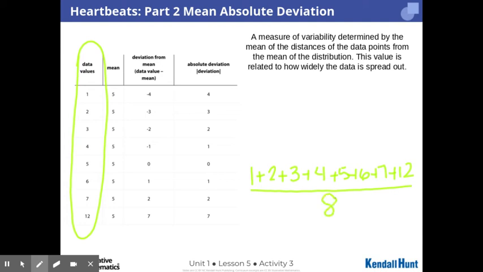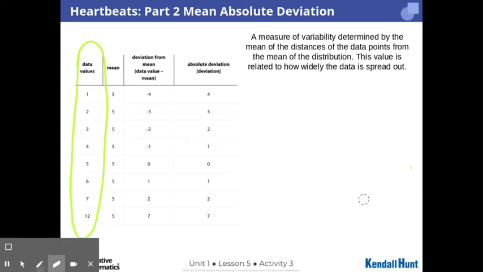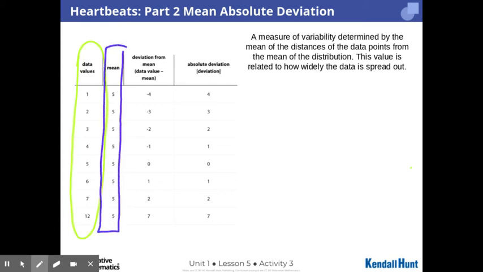So we divide that number by 8 and we get 5. So that's how we calculate the mean, in case you have forgotten from yesterday. So we found the mean and simply written it in this second column. So right here, we wrote 5 all the way down.